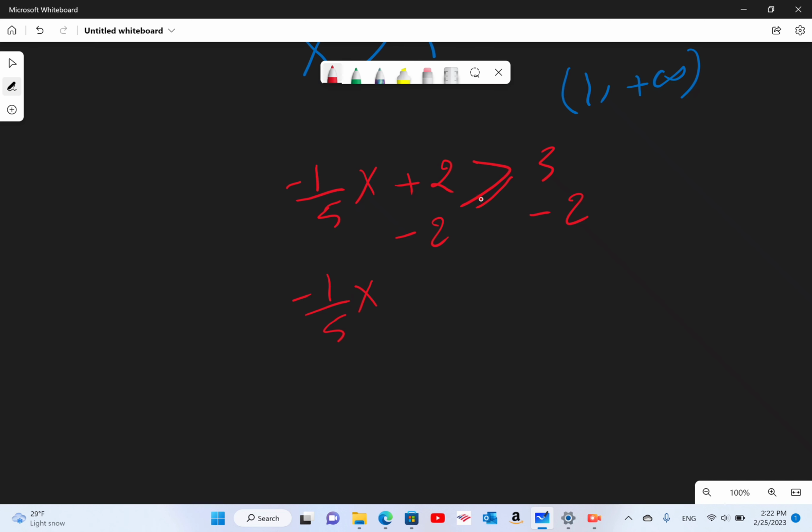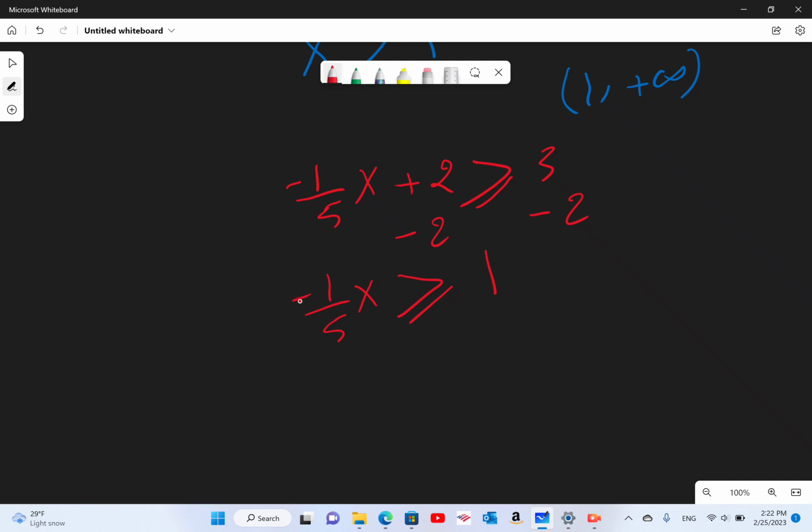And notice that we just subtracted a number. It could be negative or positive, and again, that does not change the sign of the inequality. So we get greater or equal than 1. And now we have negative 1 over 5 times x.